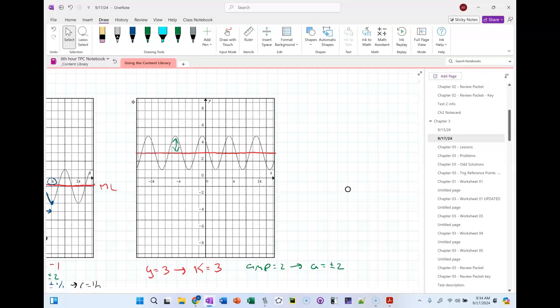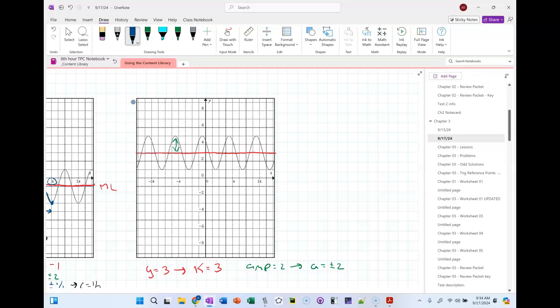All right. Let's do the period next. So if I try to start at x equals 0, I don't know that I'm going to be able to figure out where that is on the next one, right? Maybe, maybe not.